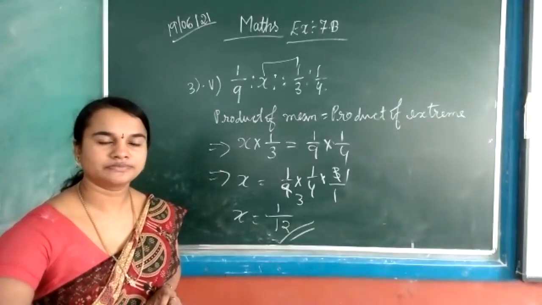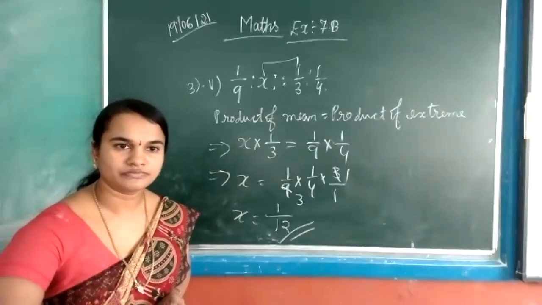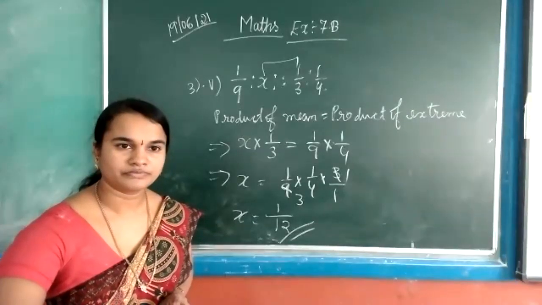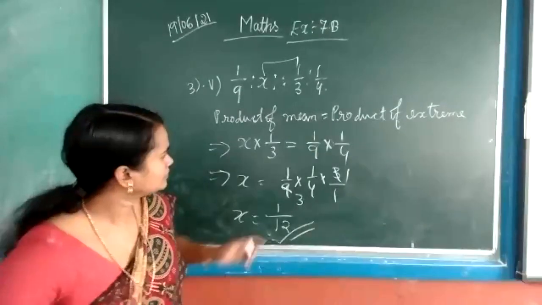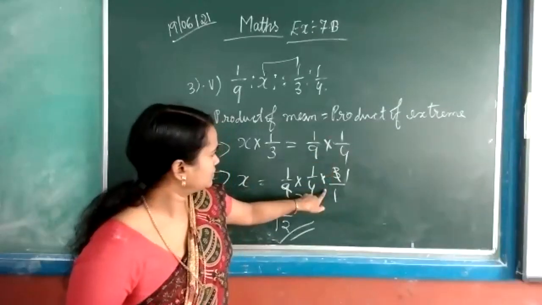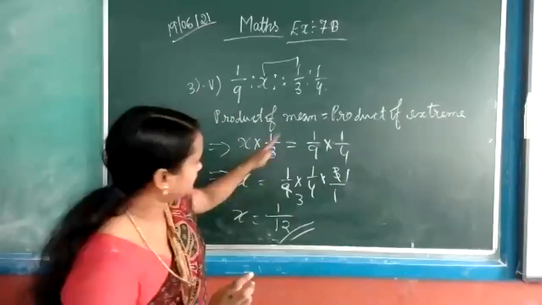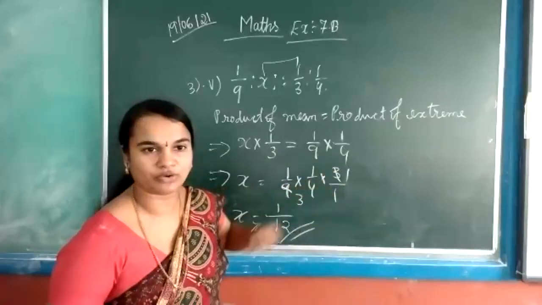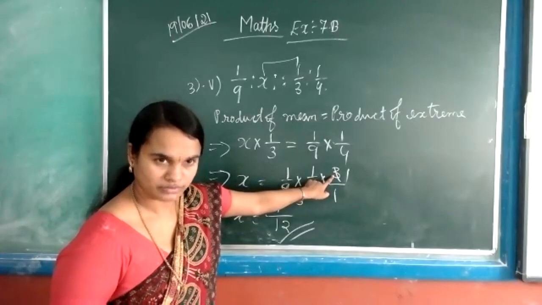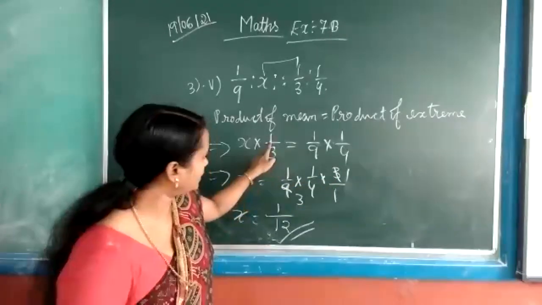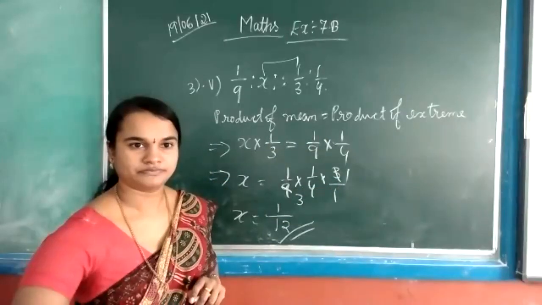Ma'am, in this question where you have written 1 upon 9 into 1 by 4, what have you written next to it? This one, yes, ma'am. This is the same, 1 upon 9 into 1 upon 4. This part is coming to the next group, so it will be the reciprocal. Okay, ma'am. 3 upon 1, the reciprocal of 1/3. Okay, ma'am. Thank you.